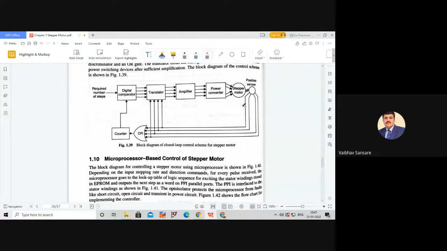So here in the closed loop control scheme of stepper motor, whatever new command is provided for the excitation of a particular phase is given only after the previous command is fulfilled. That means initially we provide a first command.